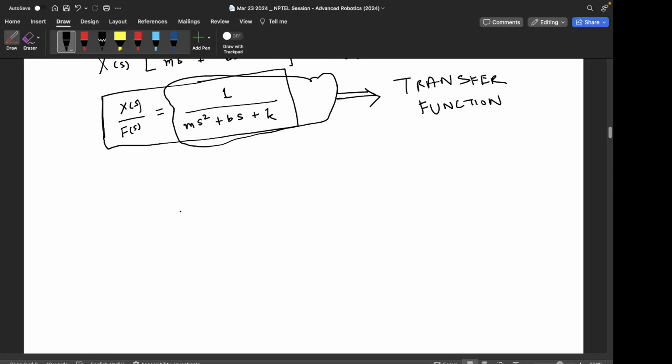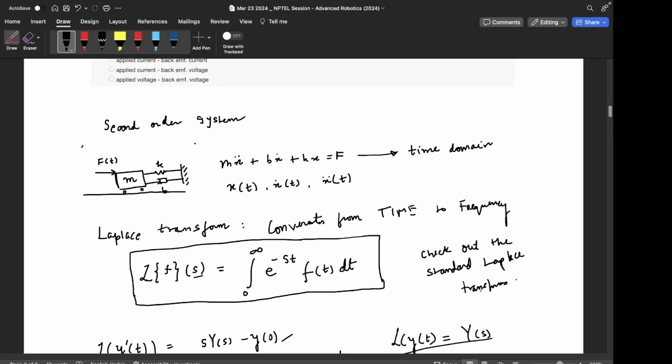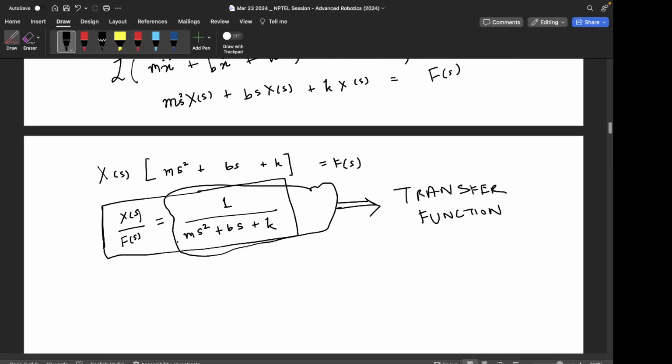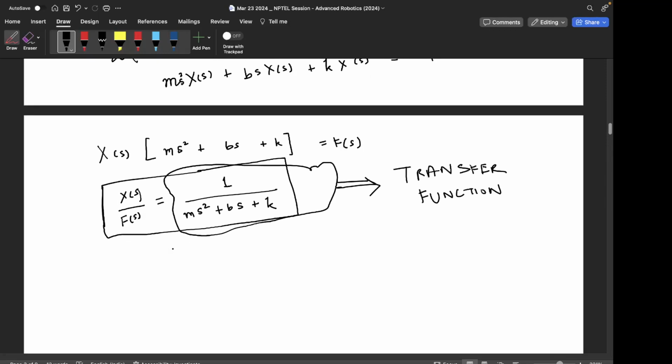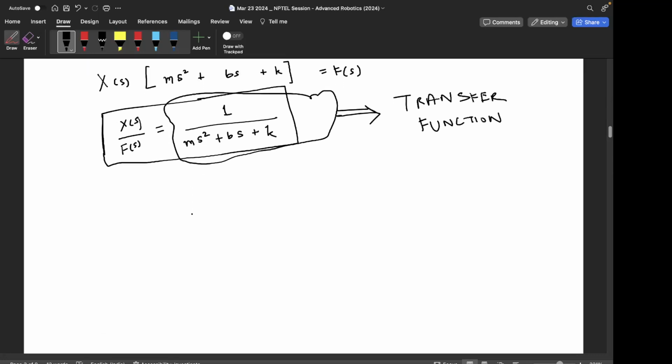So what we have seen is that the spring mass damper system excited by an external force can be modeled as a process in which the input is the excitation, the output is the position of the block, right? And those two are related via this transfer function. Okay.